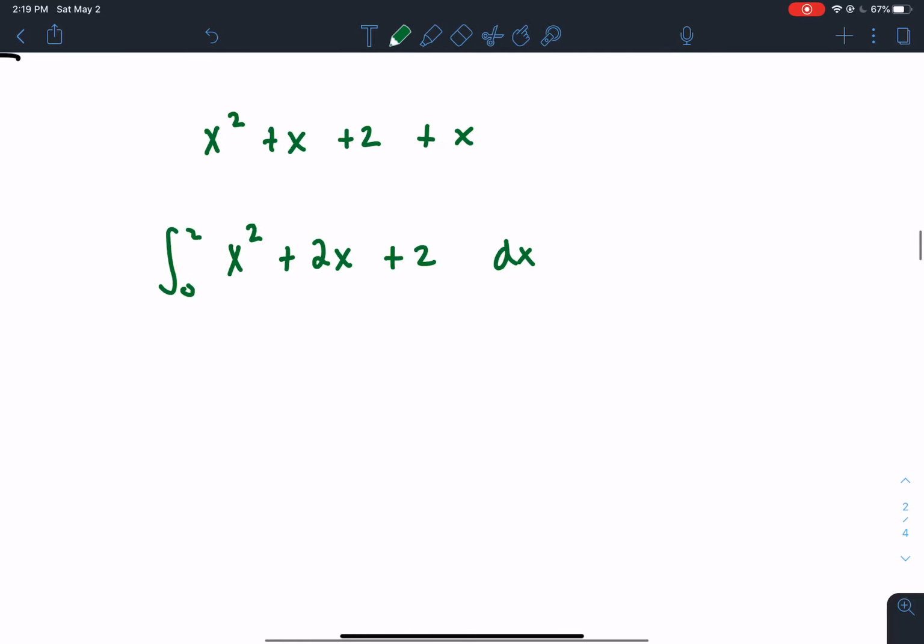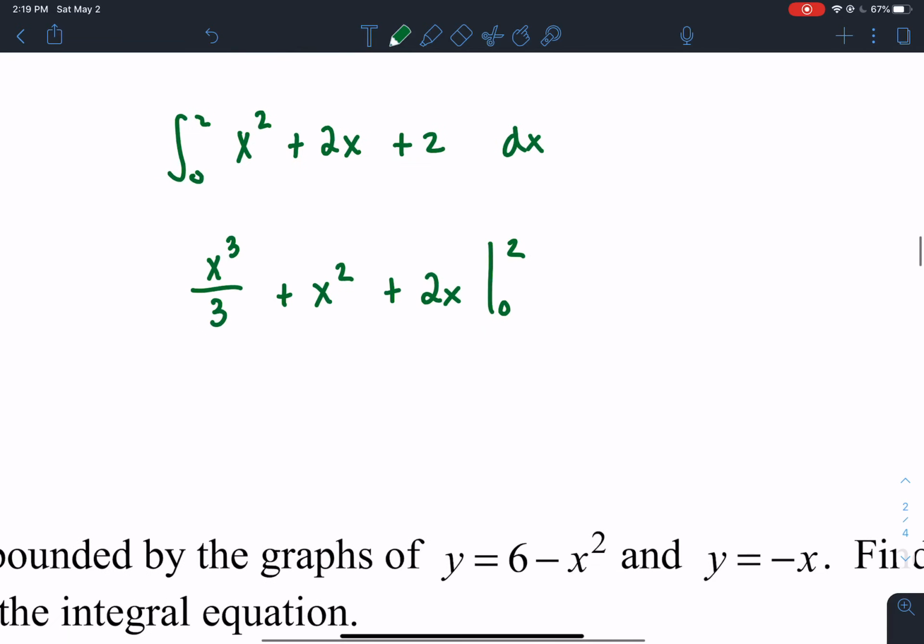So I got x cubed over 3 plus x squared plus 2x from 0 to 2. So if I plug in 2 now, I'm going to get 8/3 plus 4 minus 0.